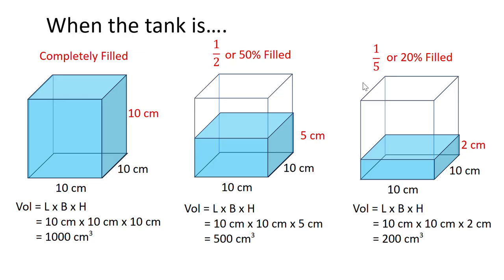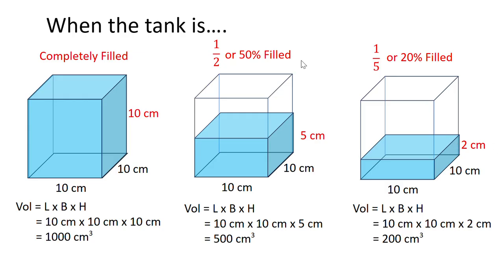Because the worksheet questions, the workbook questions, as well as the exam questions will also test your concepts of fractions and percentage together with volume, instead of giving you nice numbers like 2 centimeter and so on, they can tell you that it's 1/5 filled or 20% filled. So the same thing, if the question says that it's 1/5 filled, you simply take 1/5 multiplied by the height.